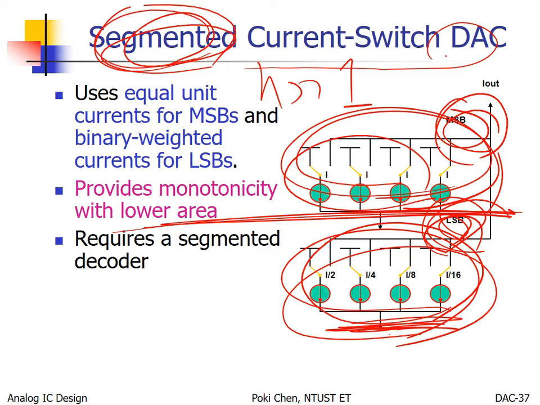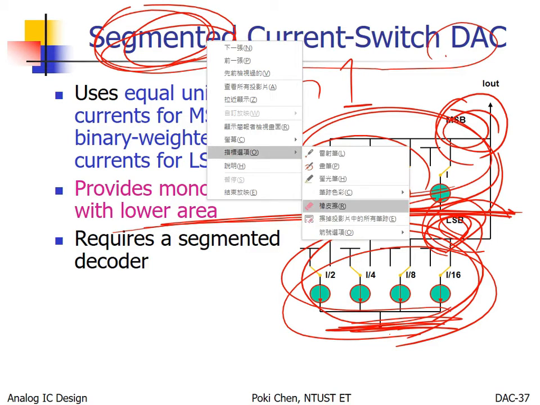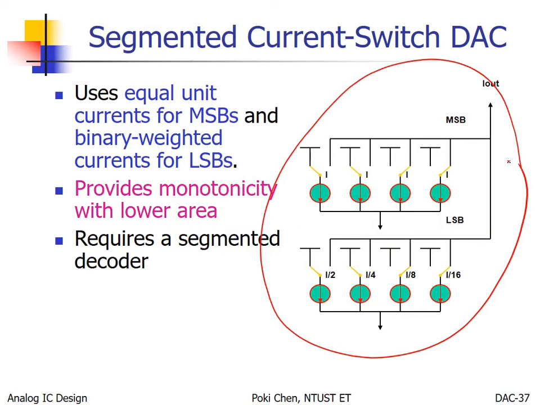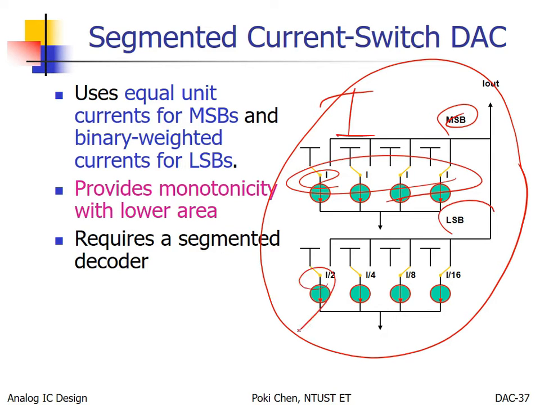To cut it means to segment it. And this is the usual case for a high-end DAC. You can see, all the currents for MSB are unit, right? And for LSB, divided by 2, by 4, by 8, all the way, because they are not so important as MSB.